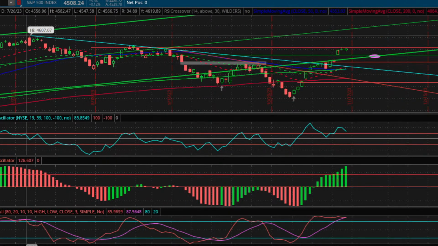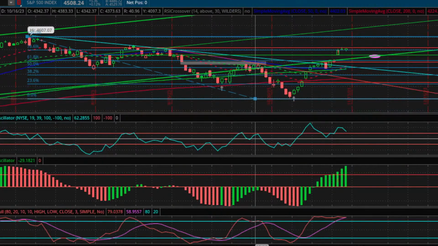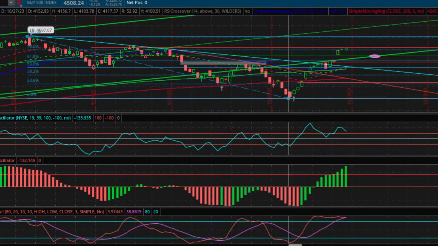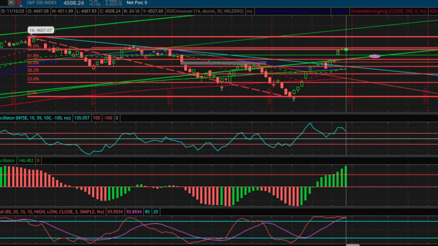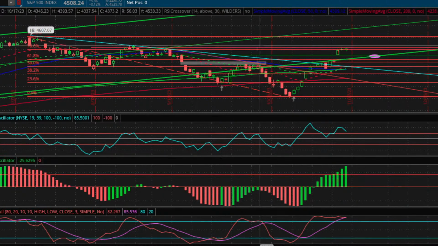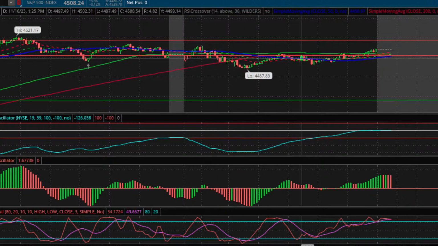Sorry. Use it here. Fib retracement. I know I have a lot of lines here, but 78.6% Fibonacci is what you're looking at. So just to zoom in, let me go into 1 day, 5 minutes. So we are right at it, right? 4502 is the Fibonacci retracement of 78.6%.